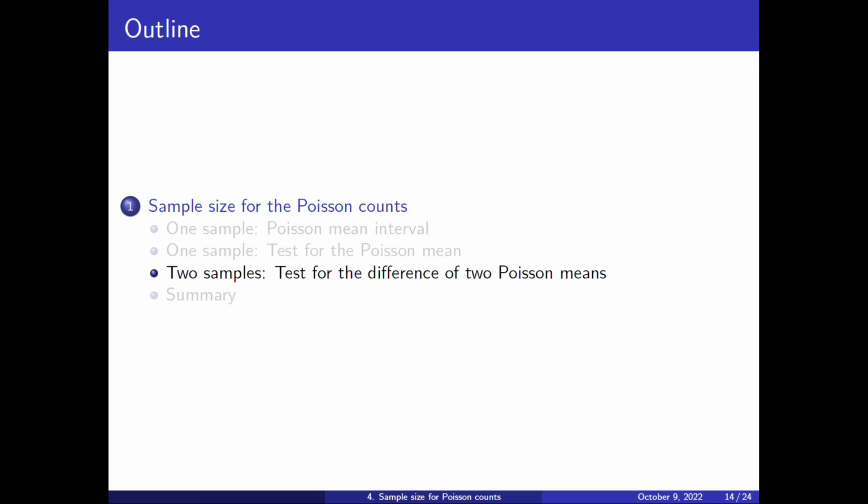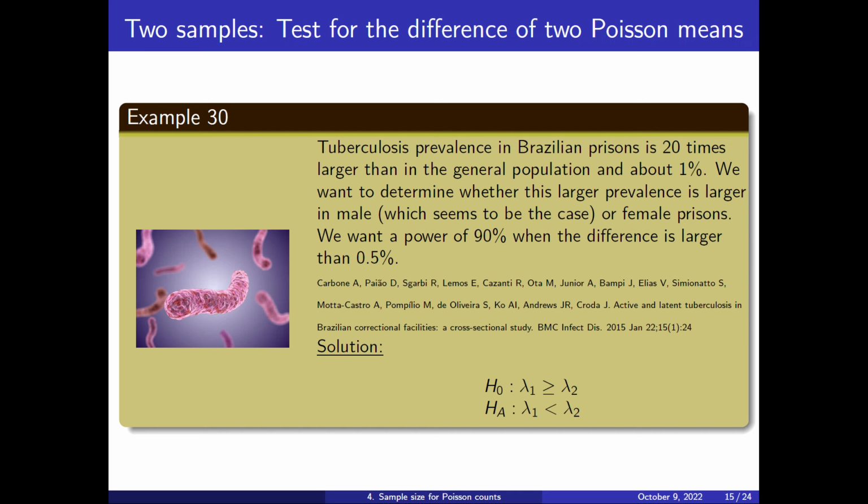And what if we are not comparing to a reference value, but we want to compute the difference between two Poisson means or rates. Okay, so let's say that there is a disease, tuberculosis, that in Brazilian prisons is 20 times larger than in the general population, and it is about 1%.